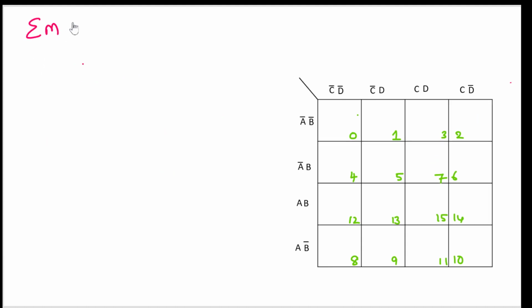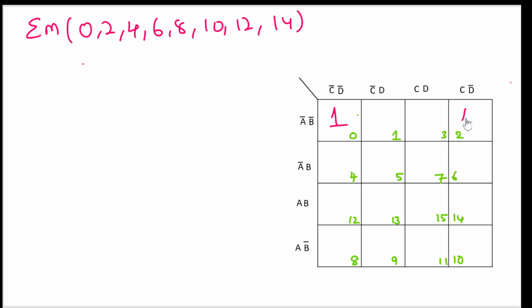Sigma m equals m 0, 2, 4, 6, 8, 10, 12 and 14. So all are even numbers, so you start filling 0, 2, 4, 6, 8, 10, 12 and 14.